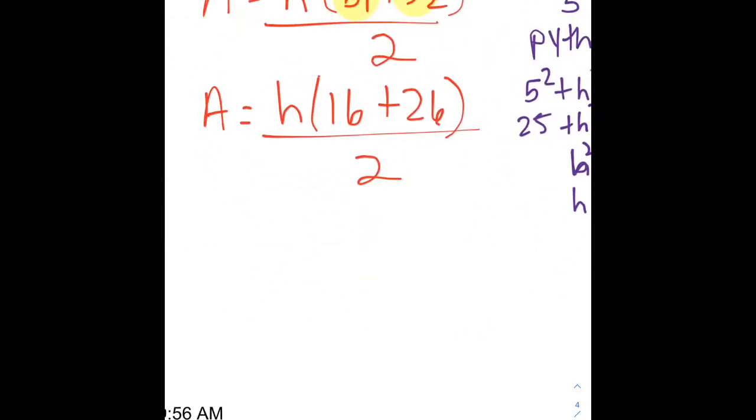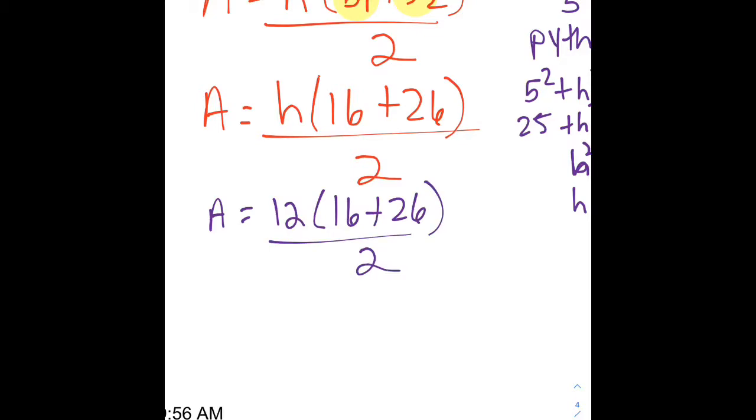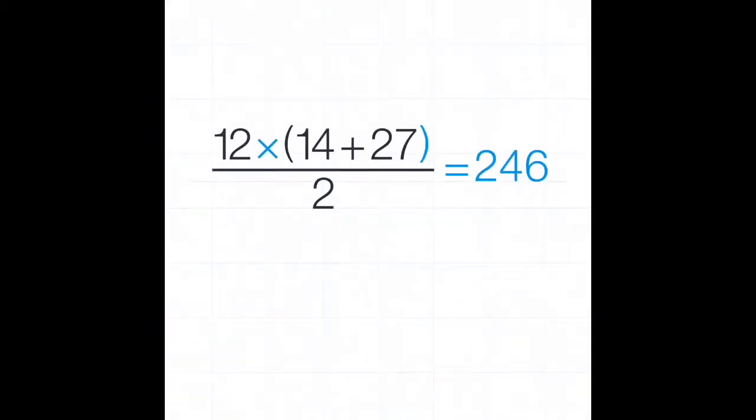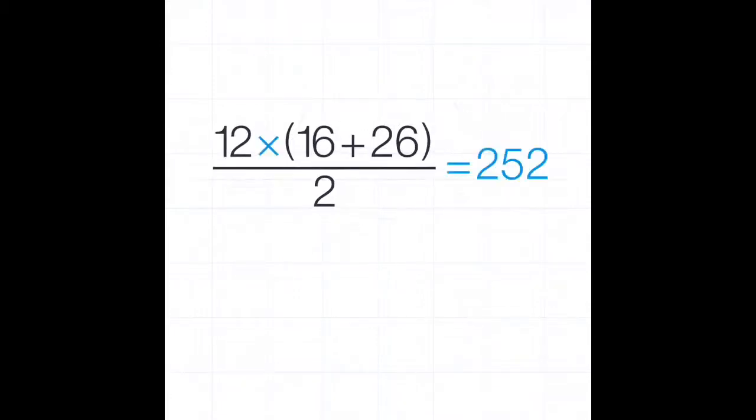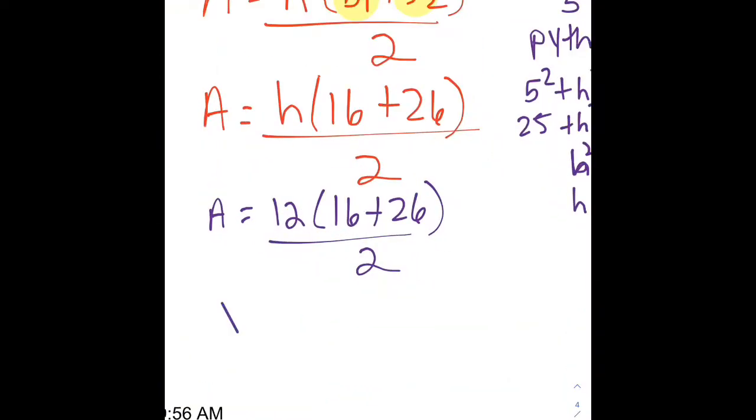So now I'm going to replace the h with a 12. All right, and let's figure out that value. So I'm going to have 12 times 16 plus 26 all over 2, and that gives me 252. And in this case, they gave it to me in meters squared.